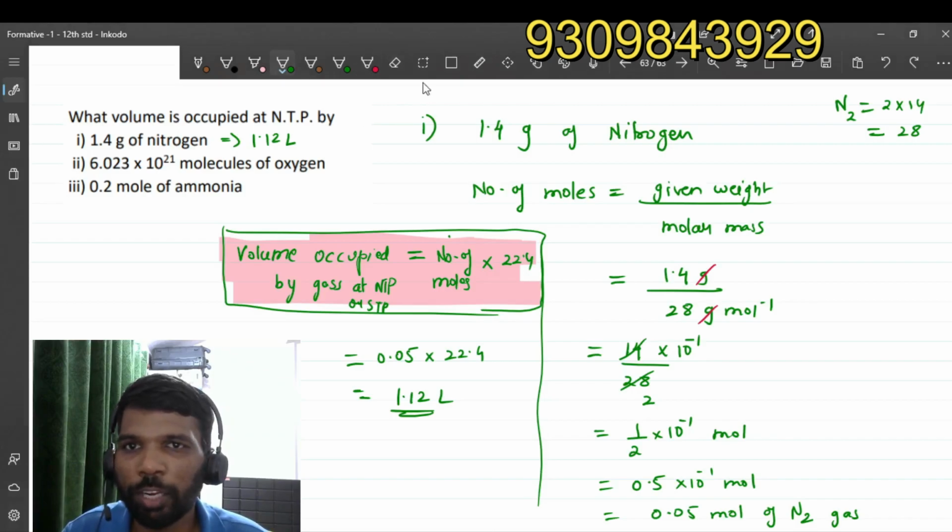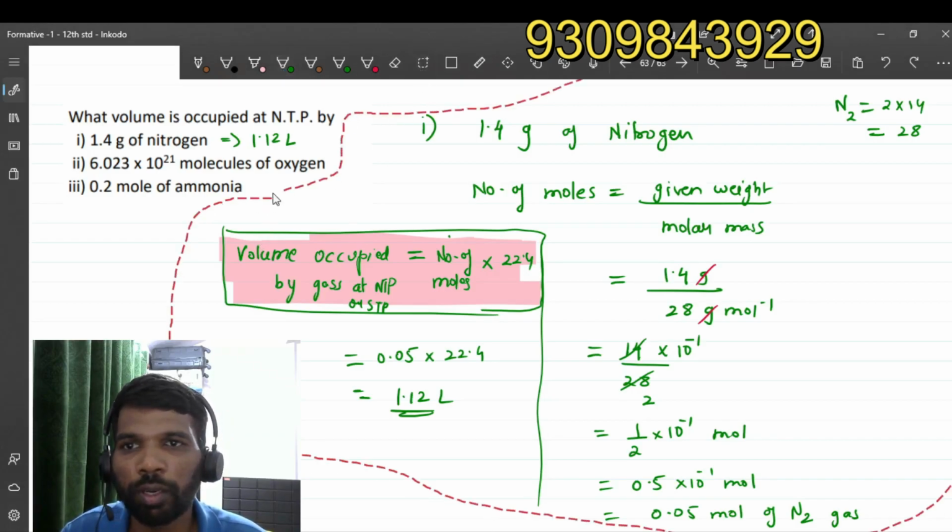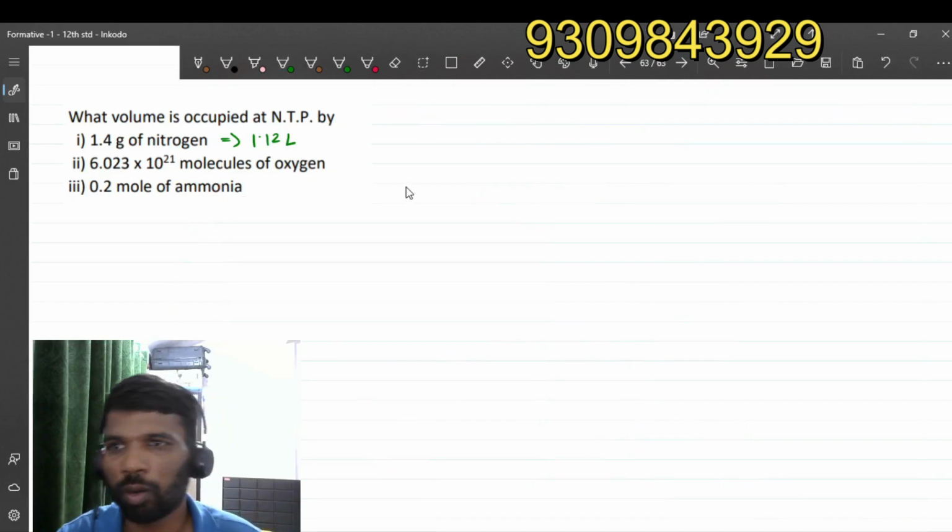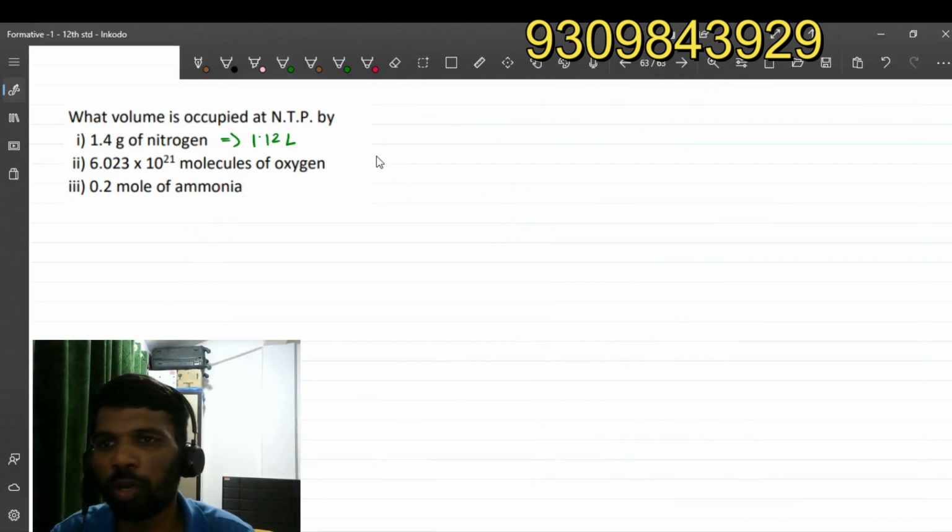Next we'll do the second question. Again, it is talking about 6.022 into 10 raised to 21 molecules of oxygen gas. What will be the volume occupied by this?